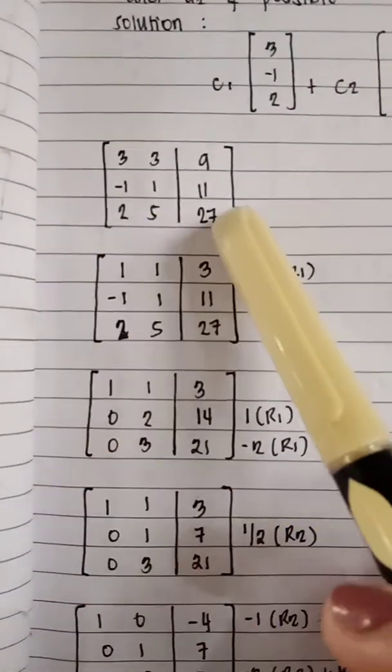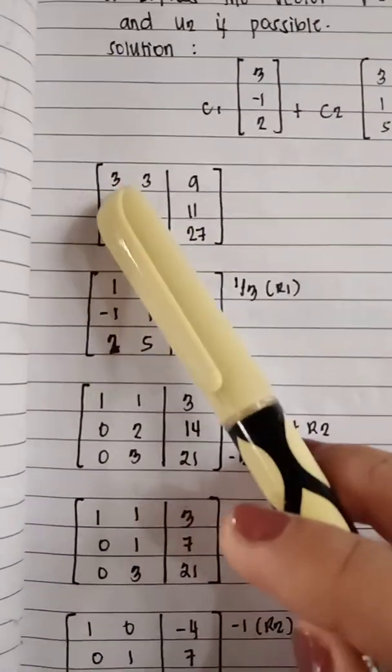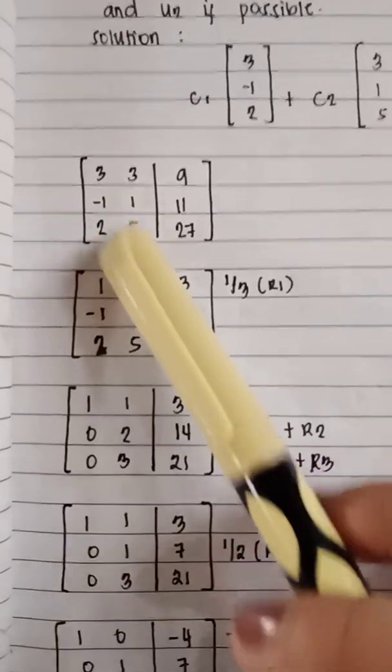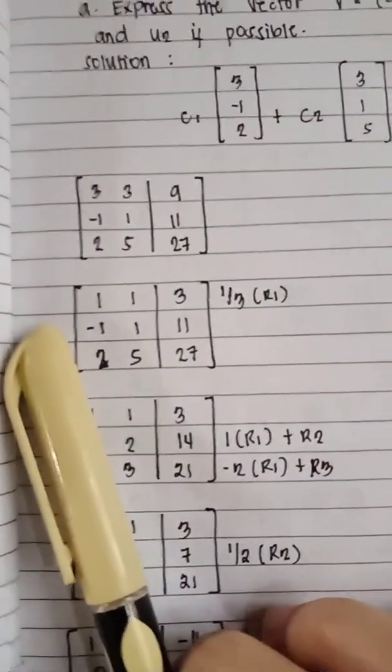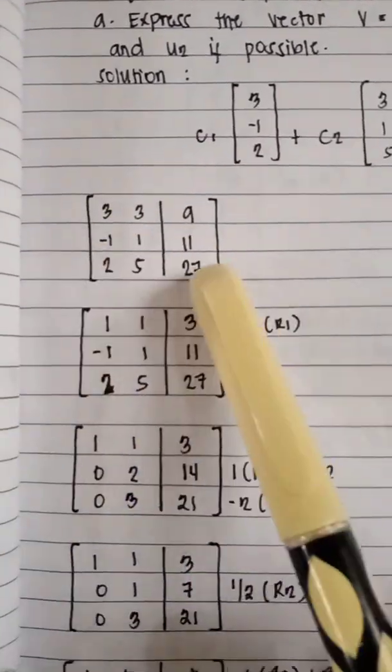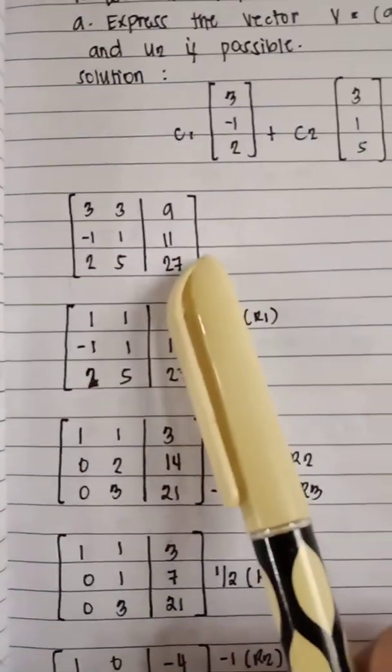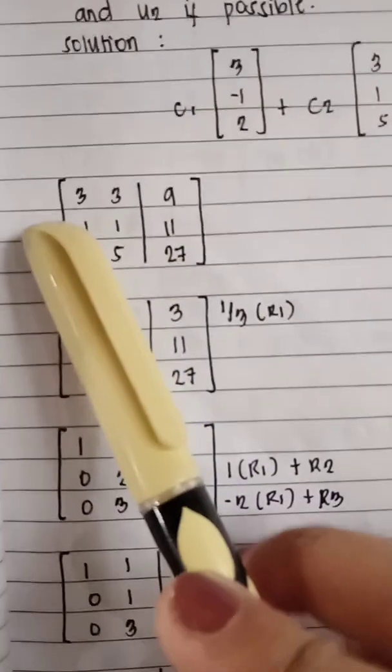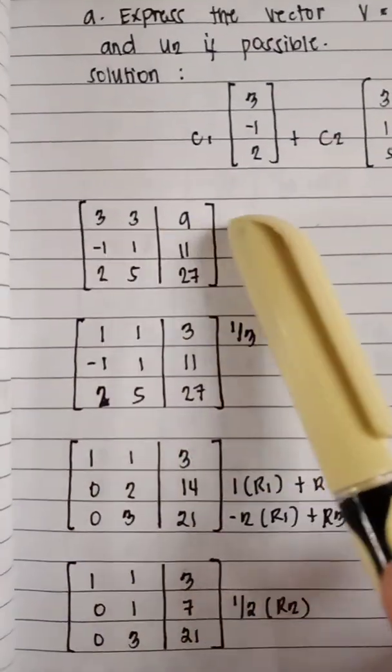This matrix, we will make into an identity matrix. The identity matrix is 1, 0, 0, 0, 1, 0, 0, 0, 1. So we will focus first on row 1.